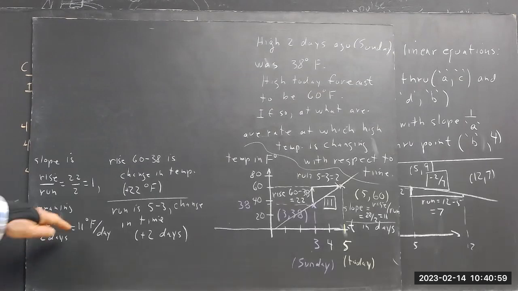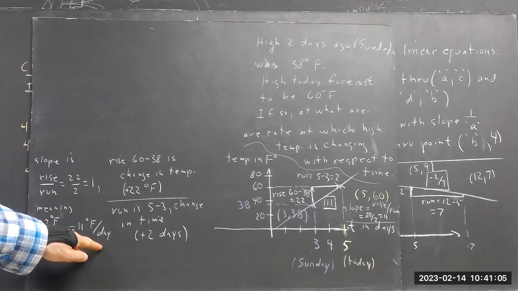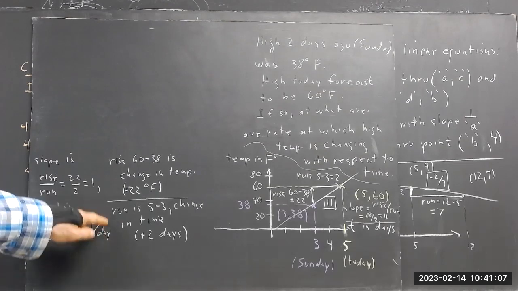Well, you divide 22 by 2, you get 11. You divide Fahrenheit by days, and you get Fahrenheit over days, right? And that's Fahrenheit per day, degrees Fahrenheit per day.